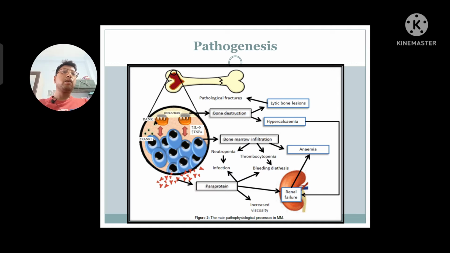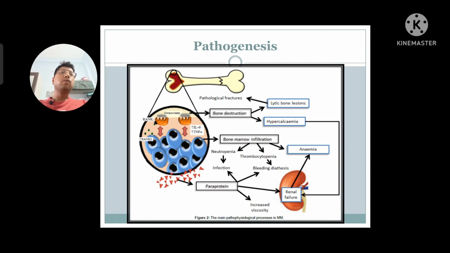Myeloma cell production takes place especially in the bone marrow, and when they are produced in large quantities, these cells produce different types of cytokines, especially interleukin 6 and tumor necrosis factor alpha. Interleukin 6 is mainly responsible for the production of osteoclastic cells, and it may diminish the production of osteoblasts.